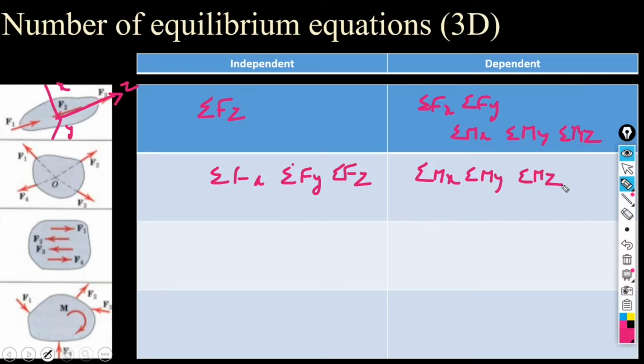The moments about x, y and z are dependent, and the forces along x, y, z are independent if the forces are concurrent. Let's take the general case. In this case, we need 6 independent equilibrium equations, that is, forces along x, y, z and moments about x, y, z.